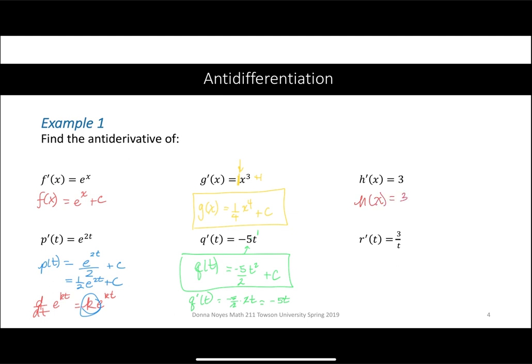How about 3x? If you'll remember from our power rule, we had a special note on that one that said if we have a number times x, its derivative is just that number. So hopefully you remembered that, and you would say, oh, that means our original function had to be 3x. And then we can't forget our favorite, plus c.